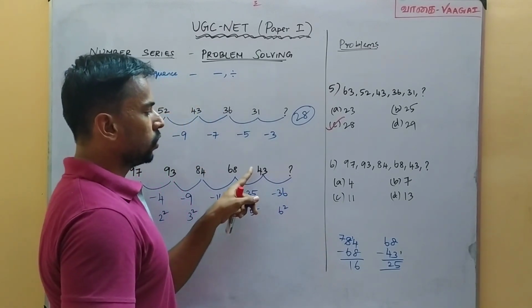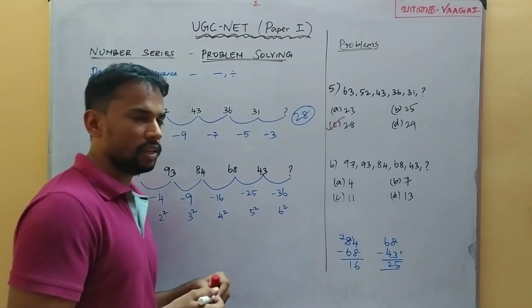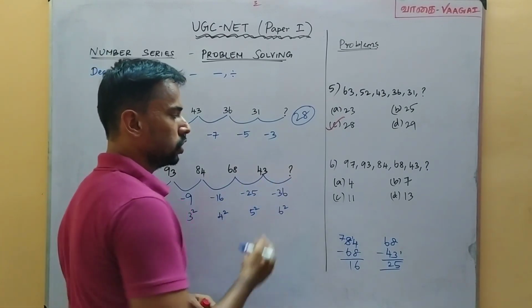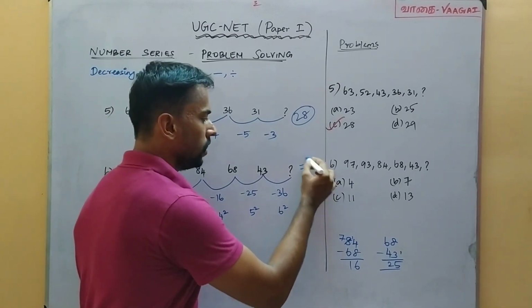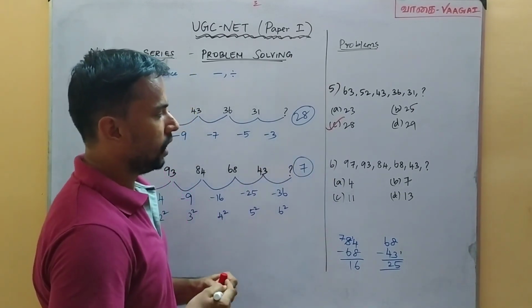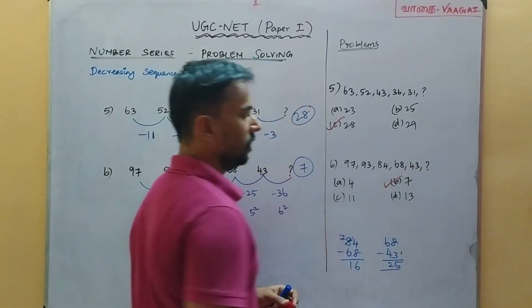So I need to do 43 minus 36. What is 43 minus 36? That is our answer to this question. 43 minus 36 would be 7. Simple, right? So finally 7 is going to be the answer for our 6th question, which matches option B. And that is our answer.